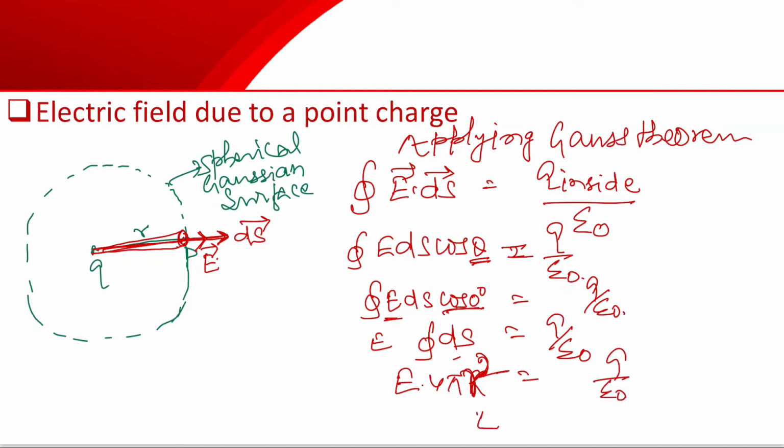From that we can find E will be equal to Q upon 4 pi epsilon naught times 1 by r square. So this is the formula. With the help of Gauss theorem, we have expressed the formula for the electric field intensity at any point due to a point charge Q.